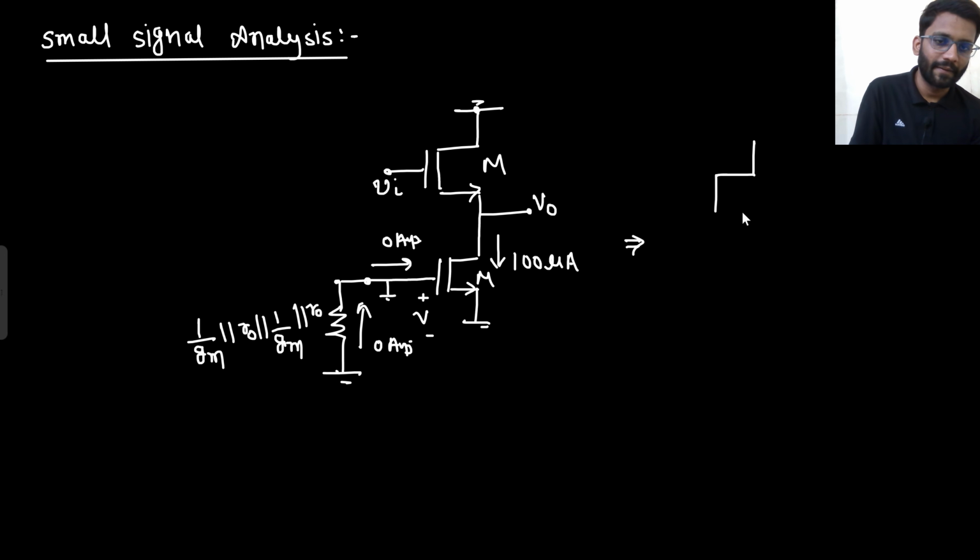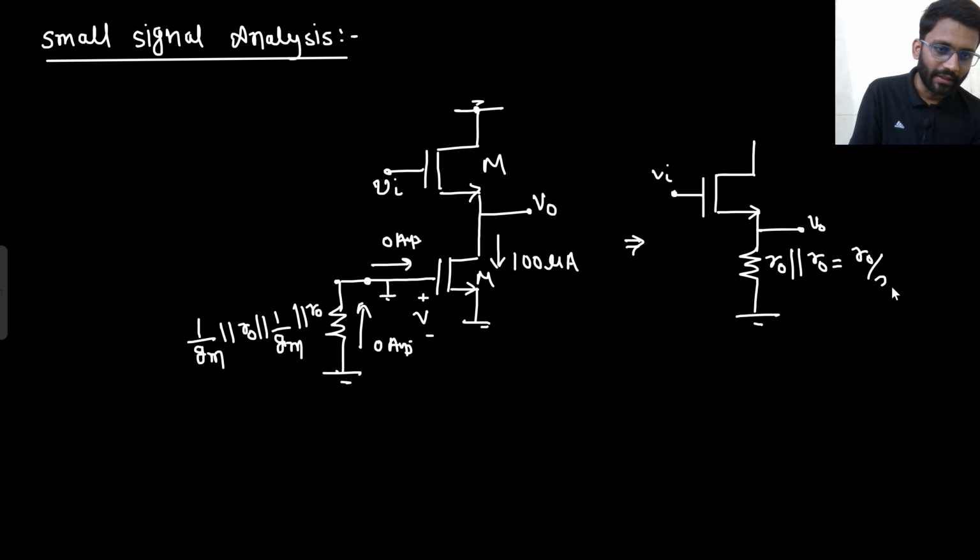So here, this is my V in. From V0 to ground, I see R0 parallel with R0. That would be R0 by 2. And this is grounded. What will be my gain now? This is 1 by GM here. So what will be the gain?